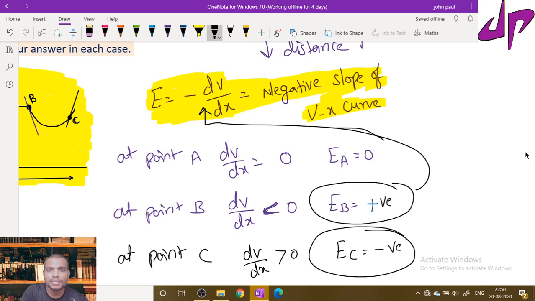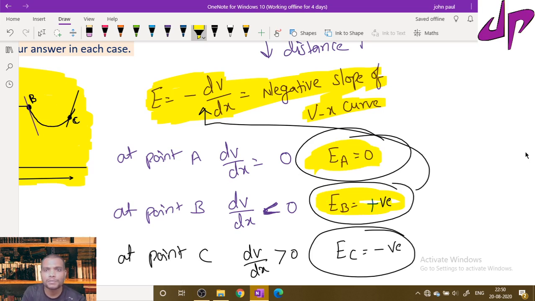From these three cases, we need to find where the electric field goes to 0 and where it goes to maximum. In these three cases, at A the electric field equals 0, and at B the electric field is maximum.